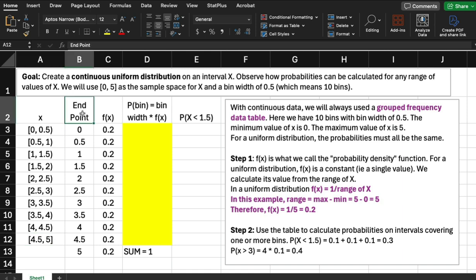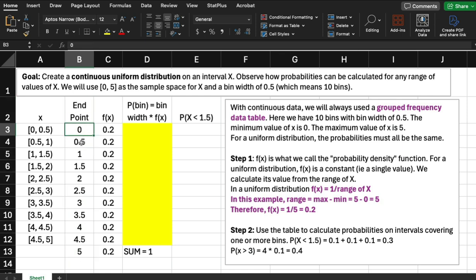So I guess we don't need to worry about column B here. I did this just for graphing purposes. If you wanted to graph this, you would list all of the endpoints under column B. You don't need to have that, it is an optional column.